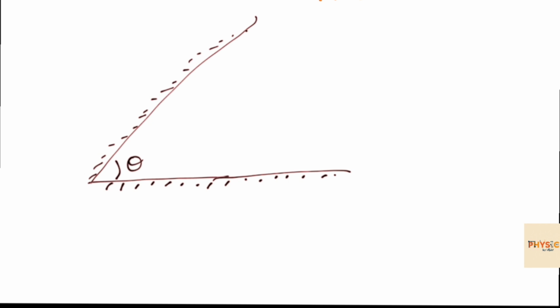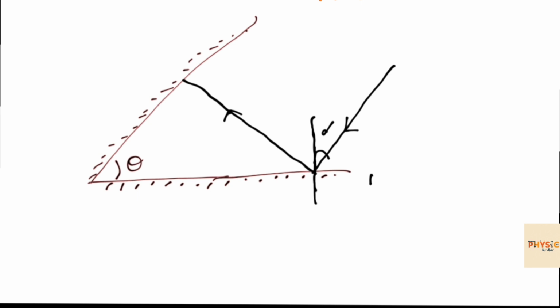The light ray is incident on the first mirror with angle of incidence alpha, reflected onto the second mirror, and the ray reflected from the second mirror is parallel to the first mirror.